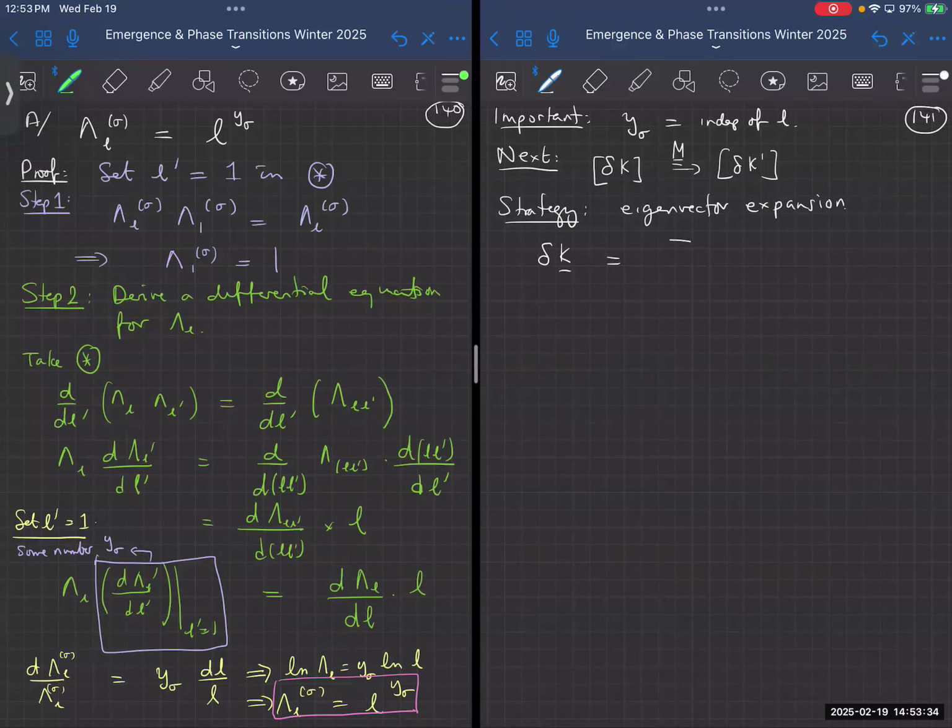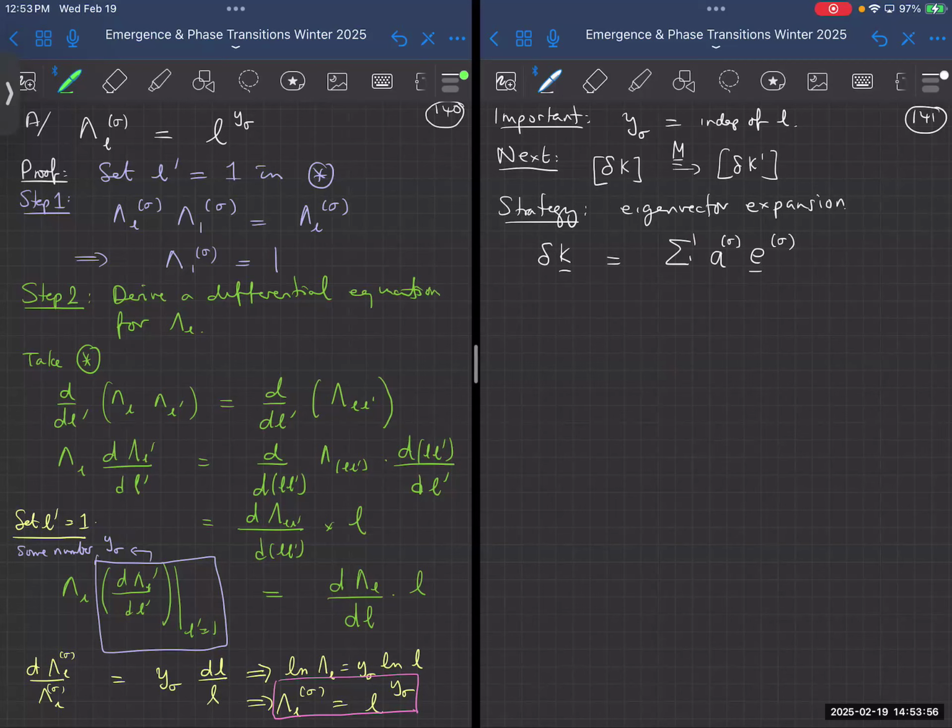So what we're going to say is that, well, I've got my vector delta k, that's where I start. I'm going to write it down as a sum over eigenvectors. Those eigenvectors are labeled by sigma, so therefore there should be some expansion coefficients A. Those expansion coefficients will be associated with each of the eigenvectors, so they're labeled by A sigma.